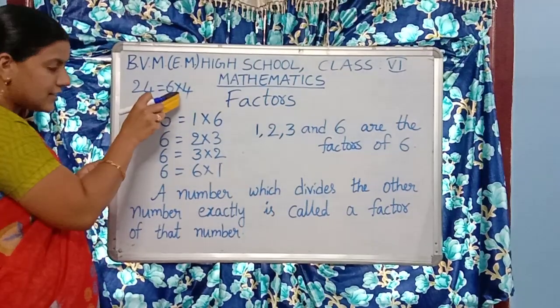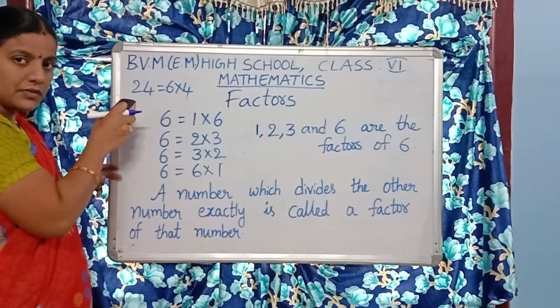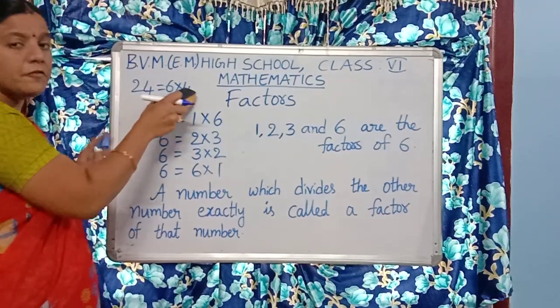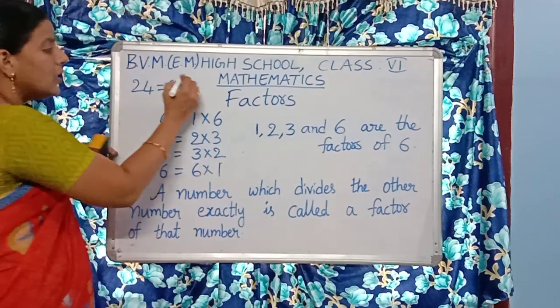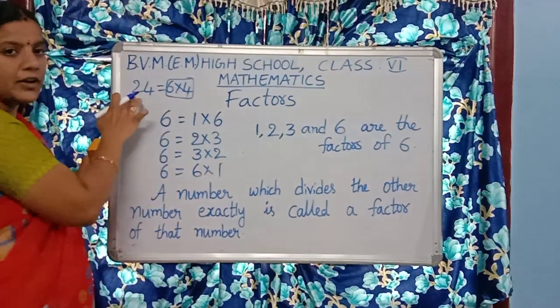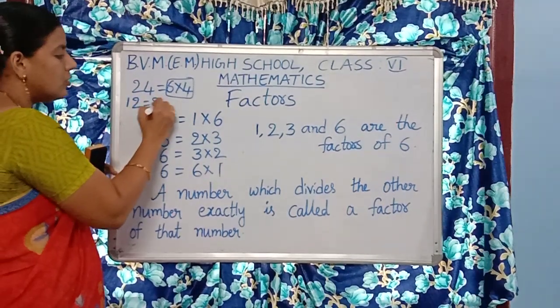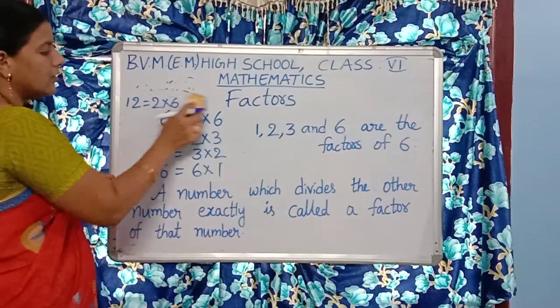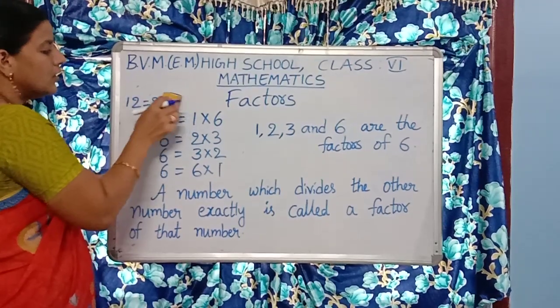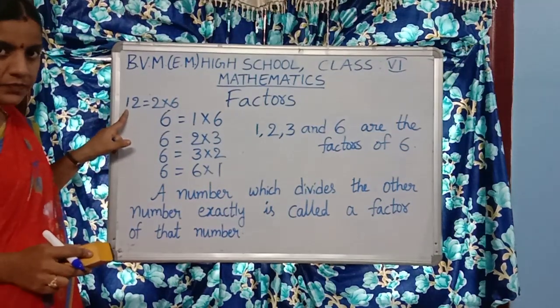Here 6 divides the 24 and also 4 divides the 24. How many times? 6 divides 4 times, and 4 divides 6 times. So these two are the factors of 24. Okay? Like that 12. 2 sixes are 12. So here 2 and 6 are factors of 12. Okay?